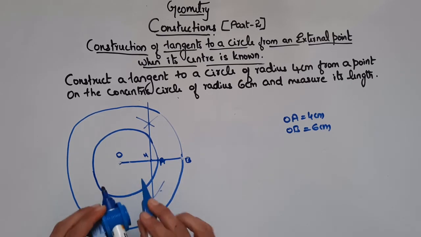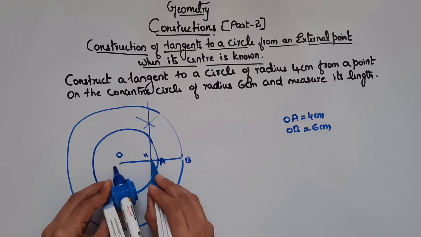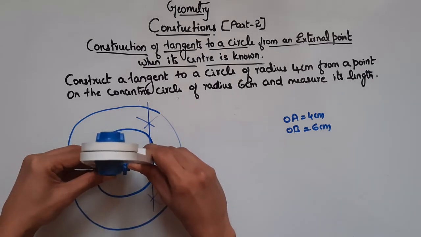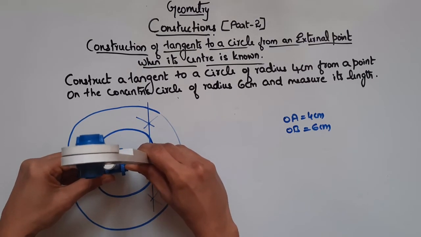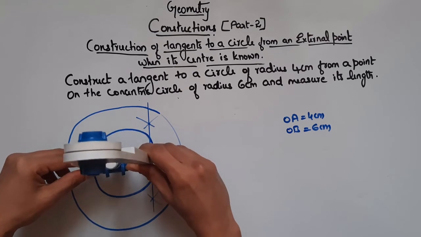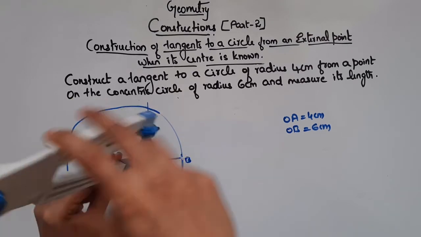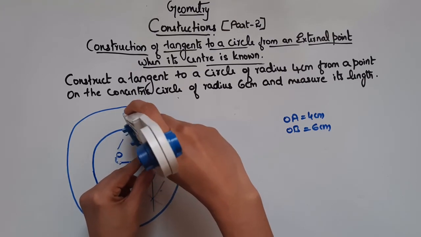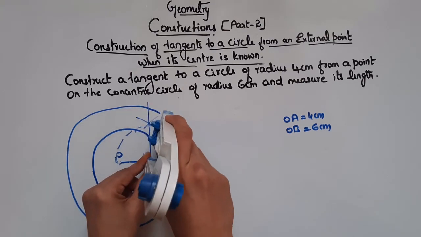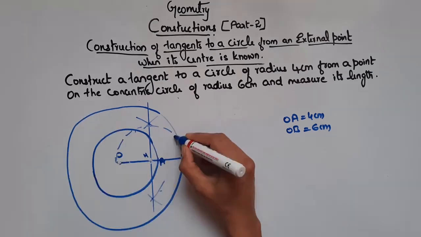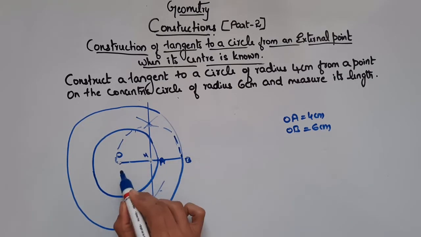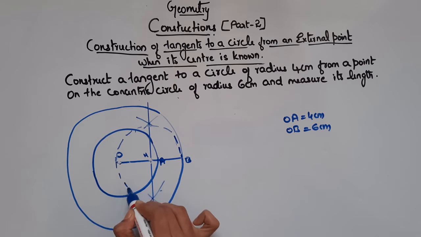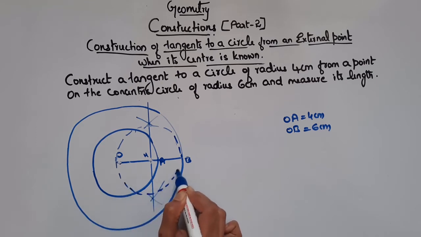So now you will keep your compass at point M and, taking OM as radius, you will draw another circle like this. It is a little difficult for me to draw on this board. So you will get a circle like this, right?